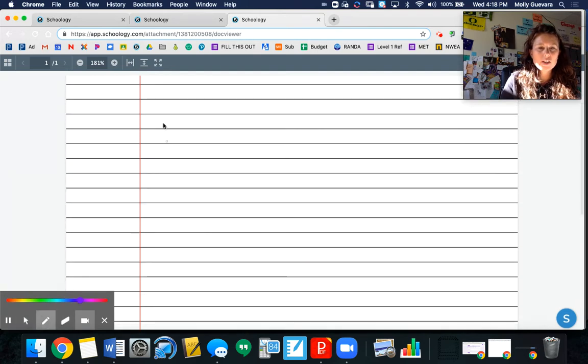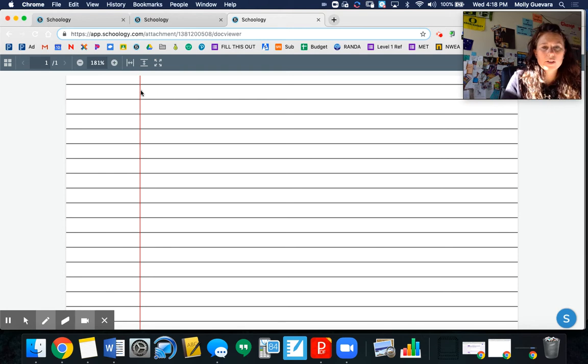Our next vocabulary word that we're going to look at is like terms. Now that we know what terms are, we're going to look at like terms.